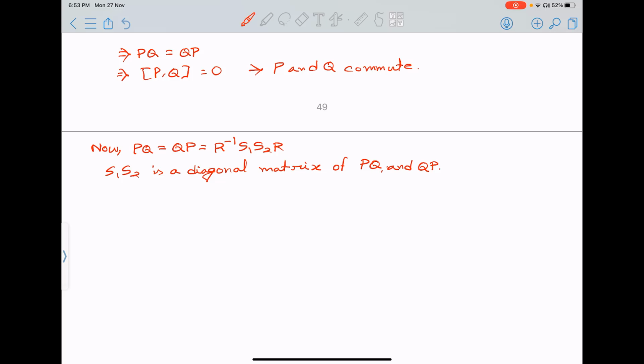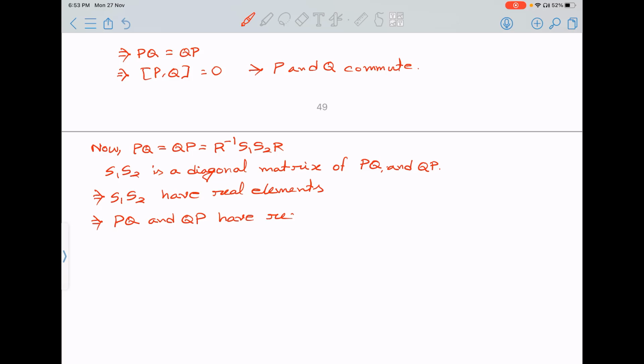This implies that S1 S2 have real elements, and this implies PQ and QP have real eigenvalues.